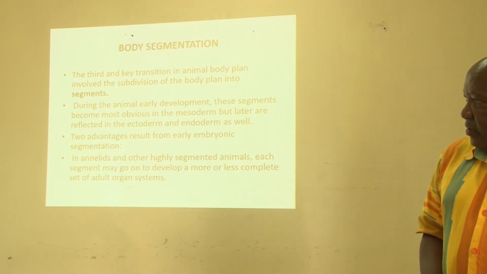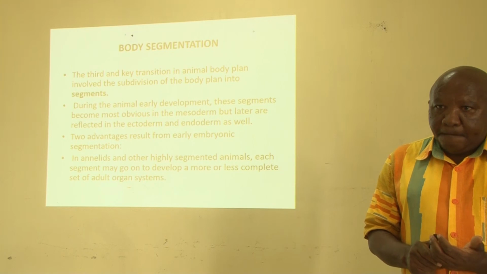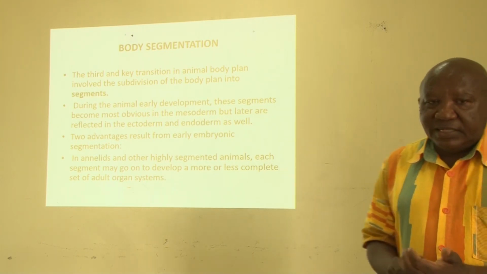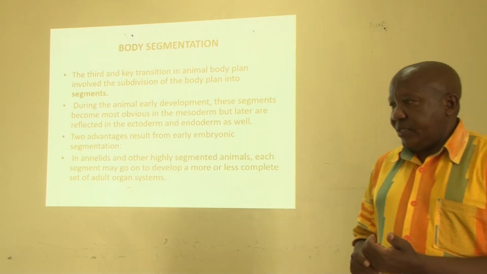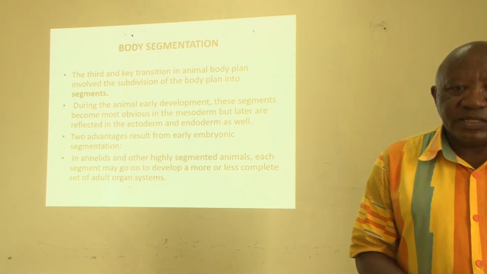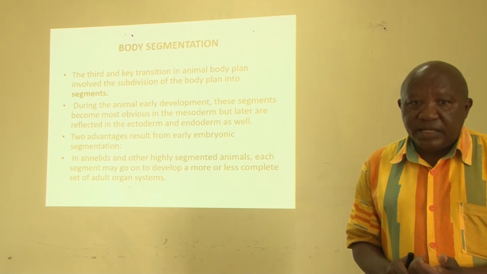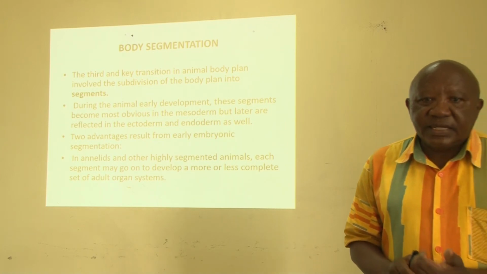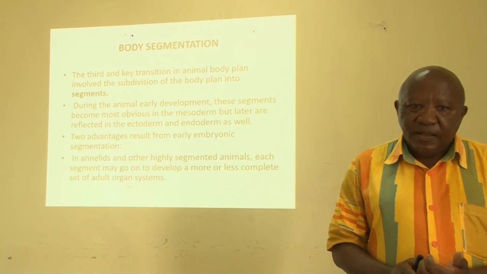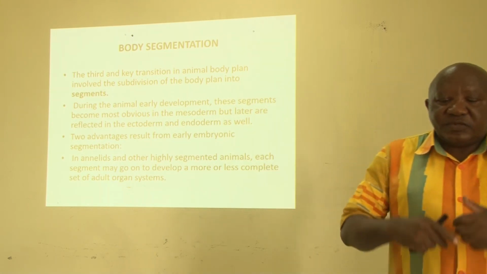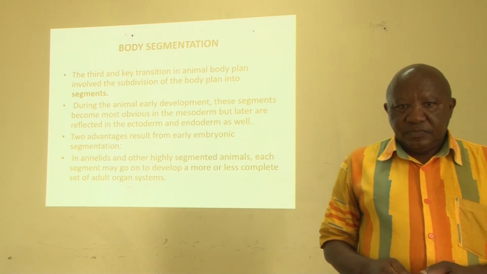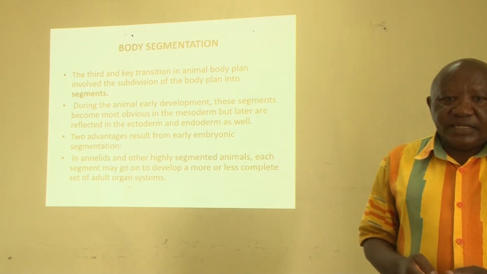We have learned about the two key transitions in the evolution of animals, which are very important in classification of animals. Now let us learn about the third key transition in the animal body plan, which involves the subdivision of the body plan into segments: body segmentation.